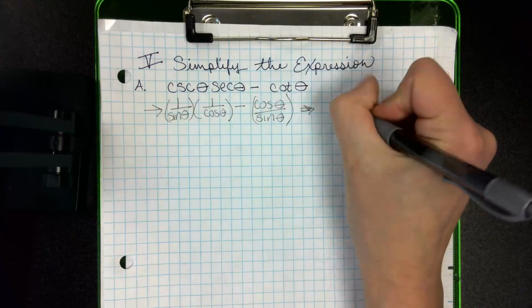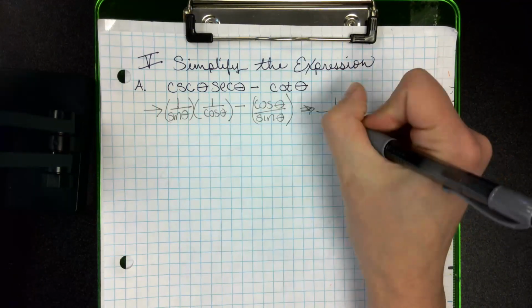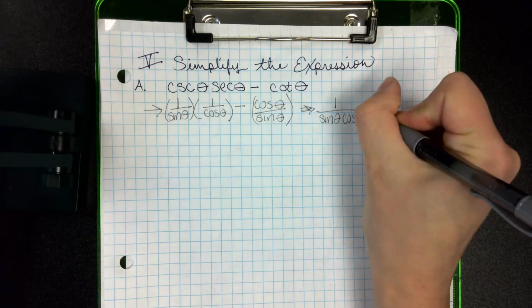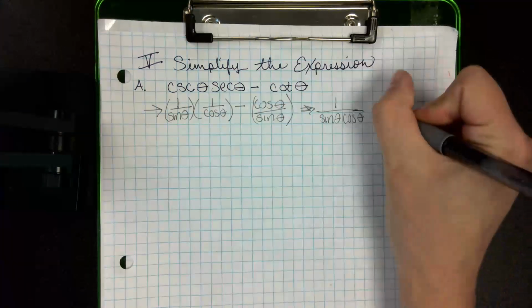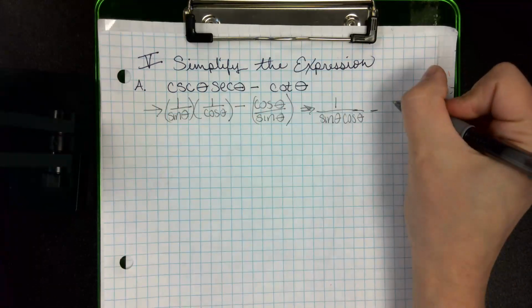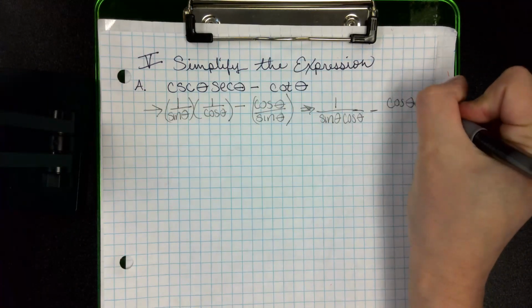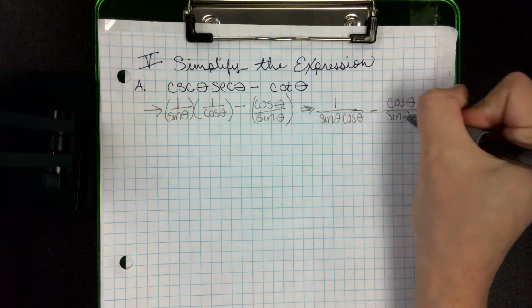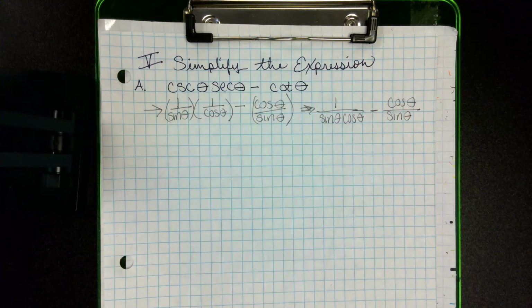So 1 over sine cosine, minus cosine over sine. Okay, so now I have 1 over sine cosine minus cosine over sine.